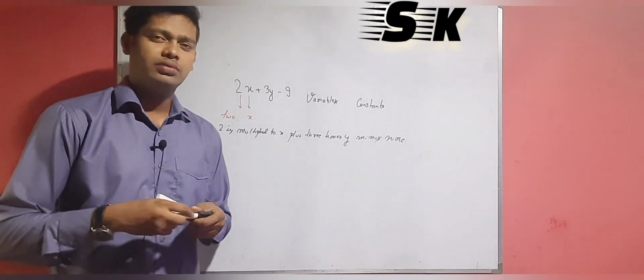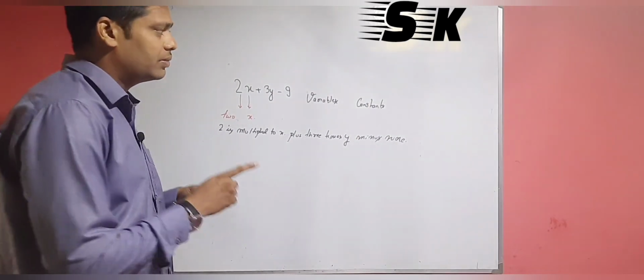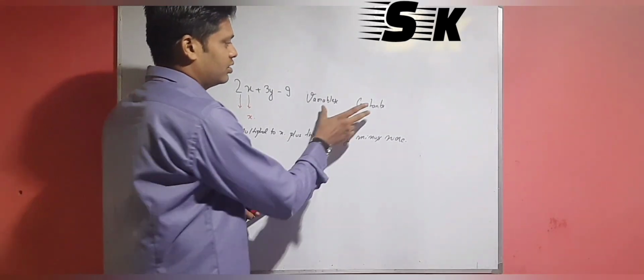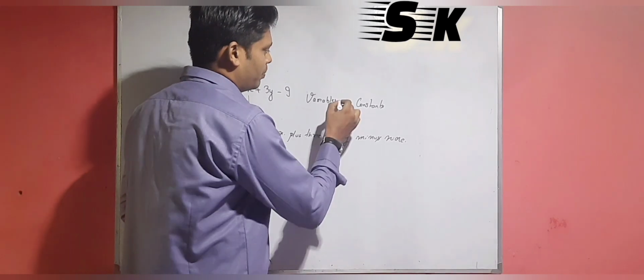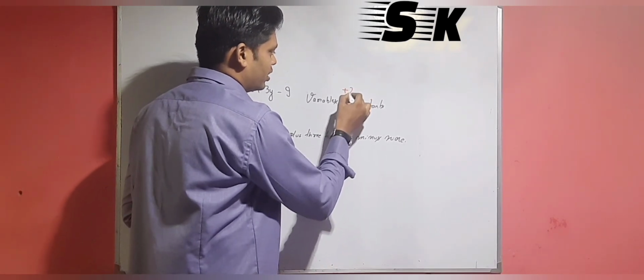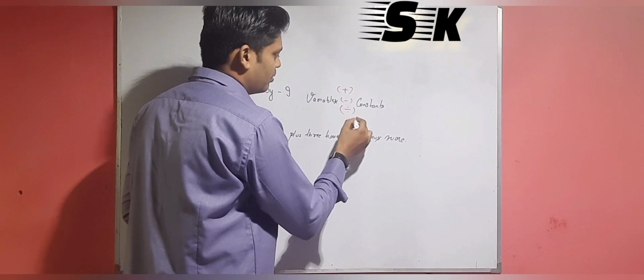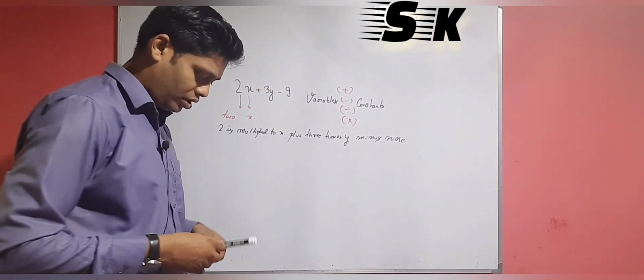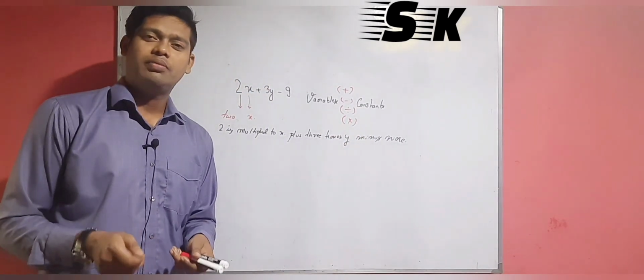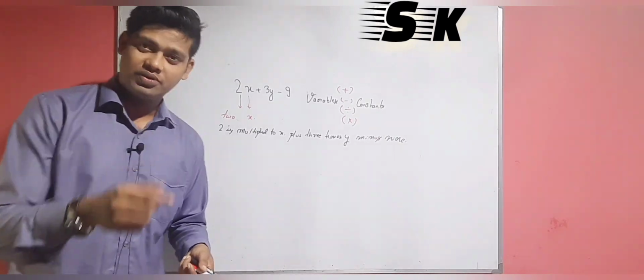What do you mean by terms? That I will explain to you. Variables and constants, when they are joined together by a plus sign, or a minus sign, or a divide sign, or a multiply sign, then it is termed an algebraic expression.